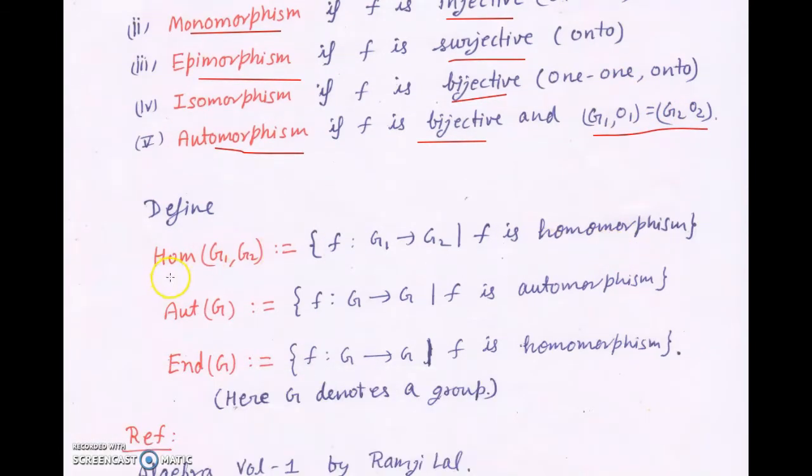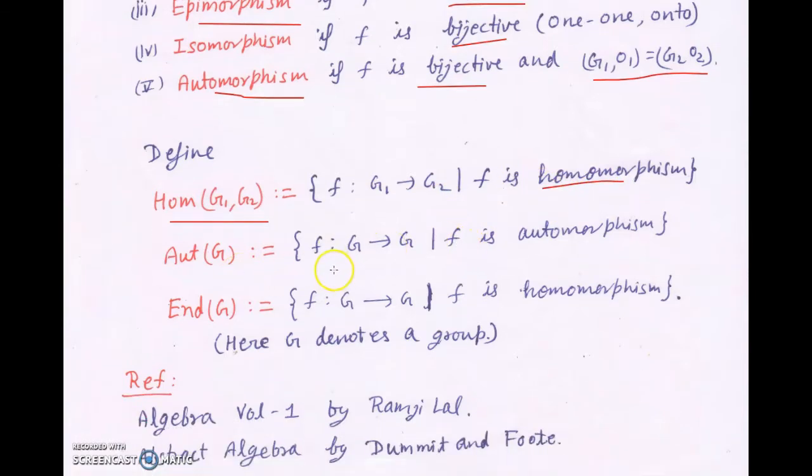There are some more notations. Hom(G1, G2) is the set of all homomorphisms from the group G1 to G2, where homomorphism means group homomorphism. Aut(G) is the set of maps F from G to G such that F is an automorphism, that is a bijective group homomorphism. And End(G) is the set of maps from G to G such that F is a homomorphism.